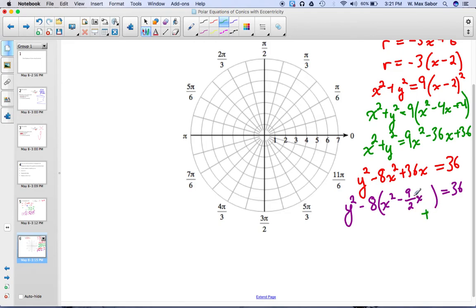Half of that is 9/4, squared is 81/16. I'm multiplying that by negative 8 to get 81 halves, so plus 81 halves, which is 40.5.